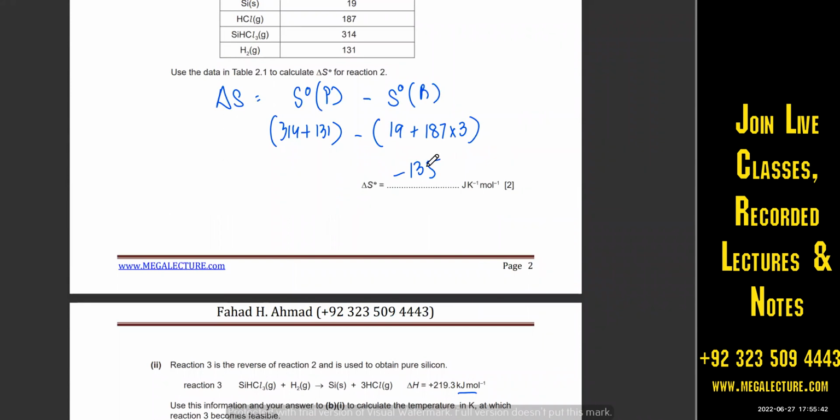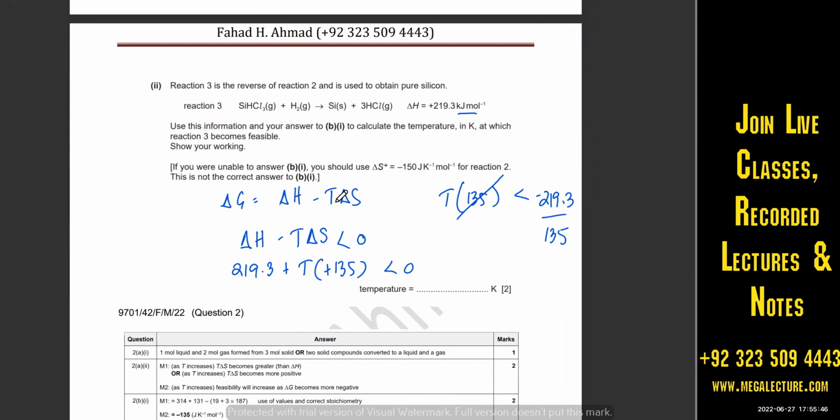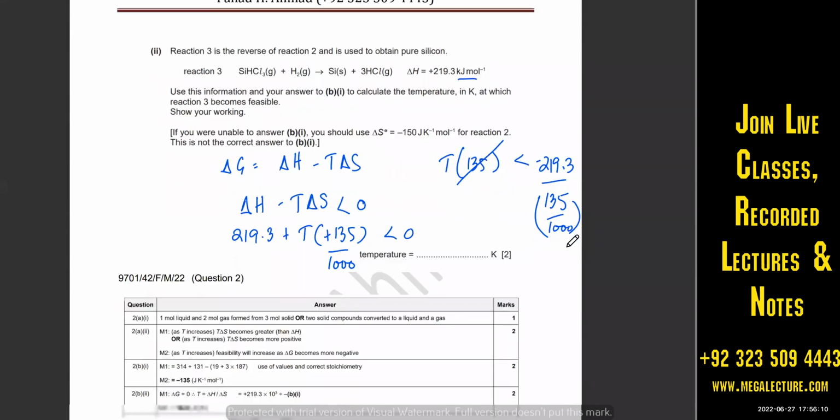So when you're using this, they should all have the same unit. So delta S must be in kilojoules as well. You're going to divide that by 1000. Is that clear? This is one thing that I told you, that entropy change and enthalpy change have different units. This is kilojoules, this is joules. So make sure you make the units the same when you're doing this calculation. So what do you get for this?